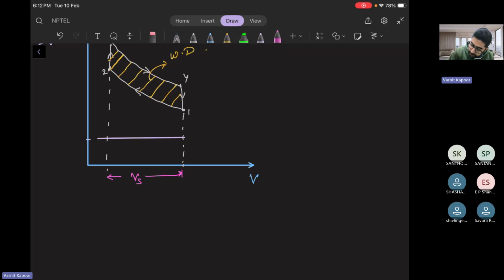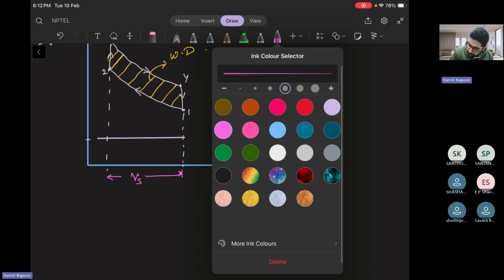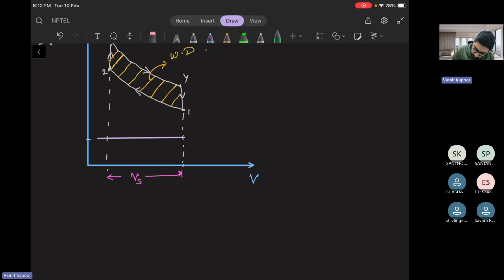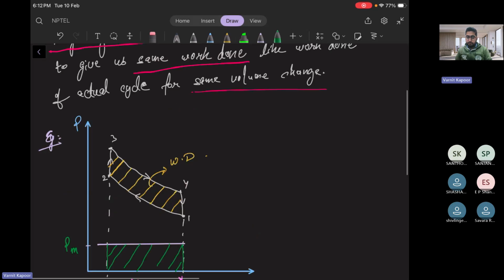So what can I say? This will be my complete region till here. So this is a mean effective pressure. This pressure I can say as PM, P subscript M, mean effective pressure.